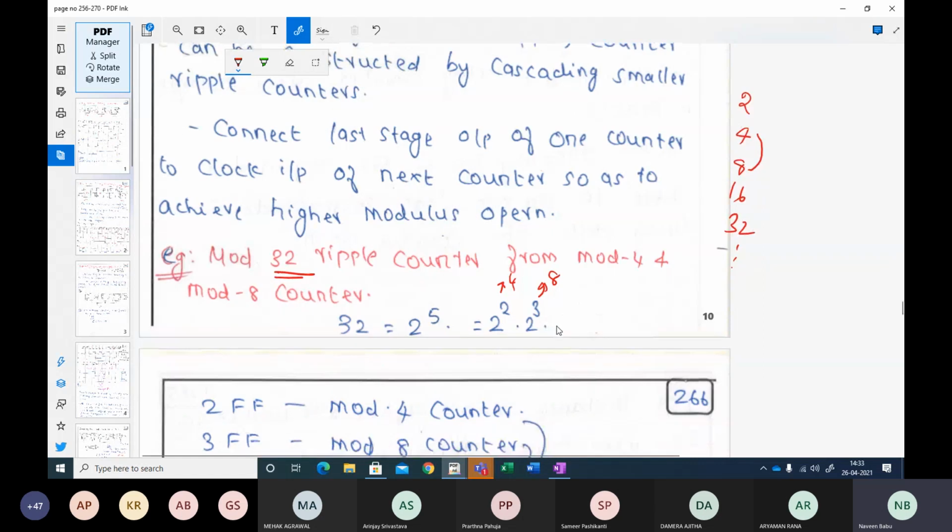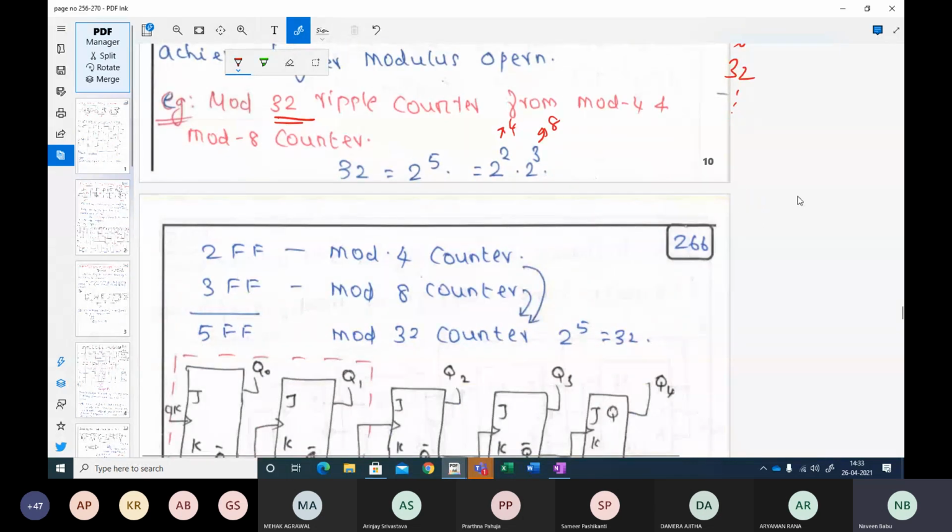Let us see how many flip-flops I will require. I will be needing 2 flip-flops for a mod 4 counter and 3 flip-flops for a mod 8 counter. Am I right? So in total, I will be needing 5 flip-flops to have a mod 32 counter.